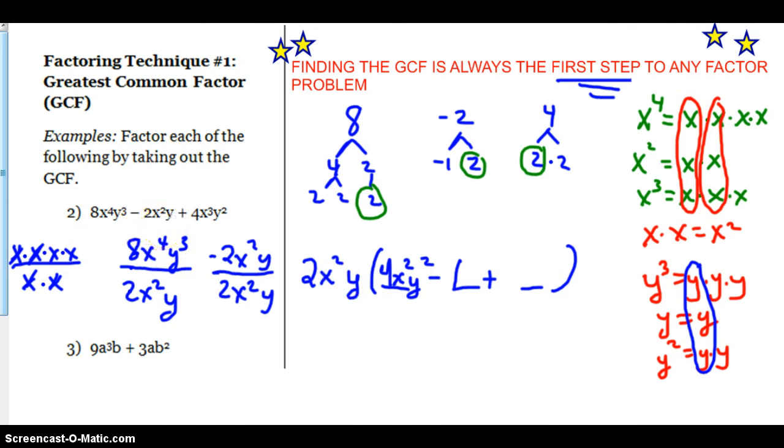Our last term, we have 4x cubed y squared, and we factored out 2x squared y, so we can do the same thing. 4x cubed y squared divided by our 2x squared y, and we have 4 divided by 2, so that would be 2. And then x cubed divided by x squared, so remember that would be x times x times x divided by x times x.